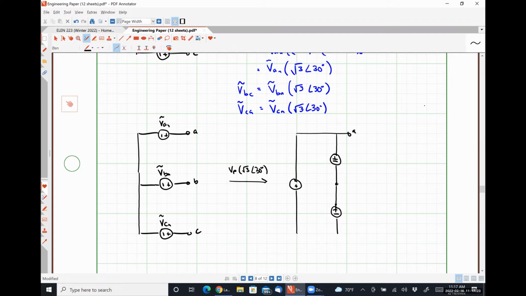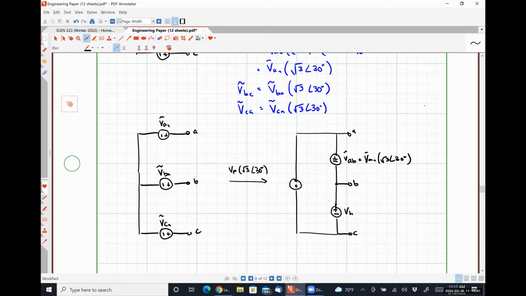Where this is terminal A, B, C, and this voltage VAB is simply VAN times root 3 angle 30 degrees.